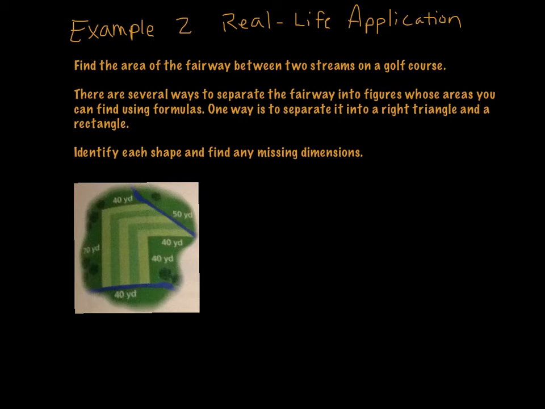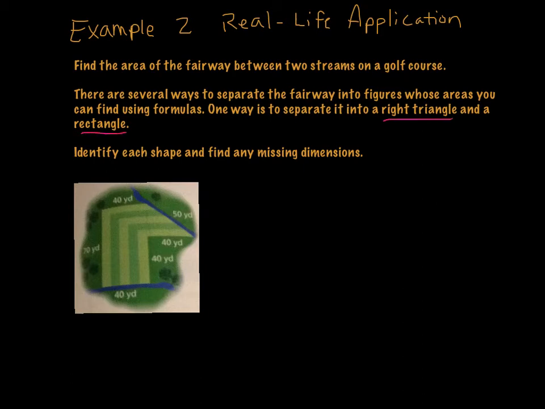And as you can see, the fairway goes straight up and then it would curve around. So what they're telling us to do here is one way, and again there's multiple ways that we could do this, but one way is to separate it into a right triangle and a rectangle.